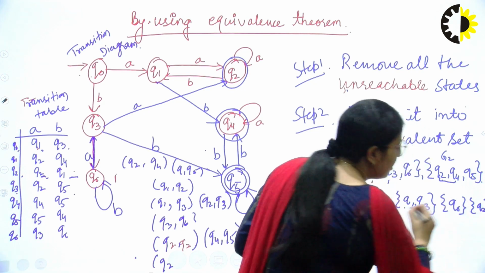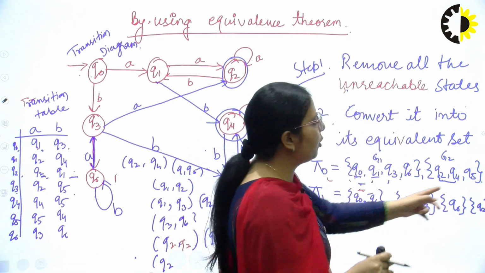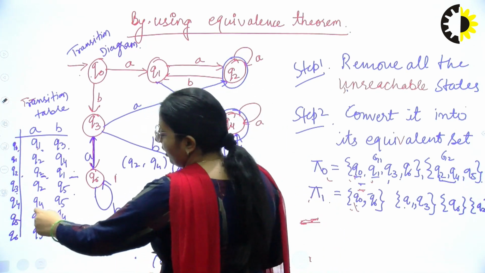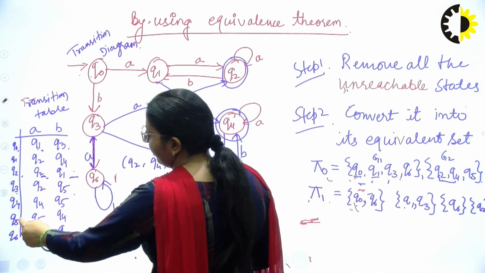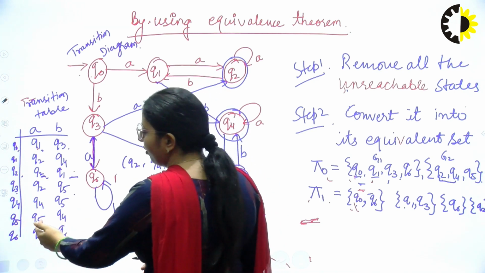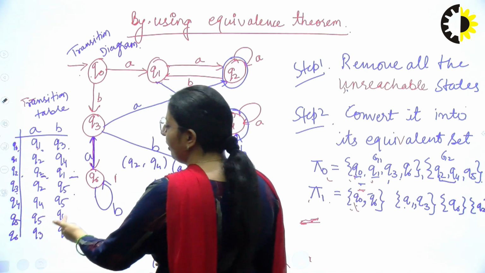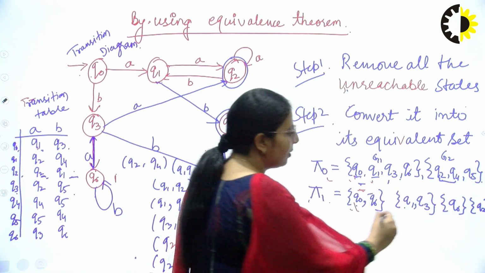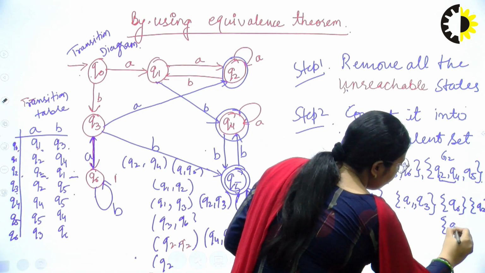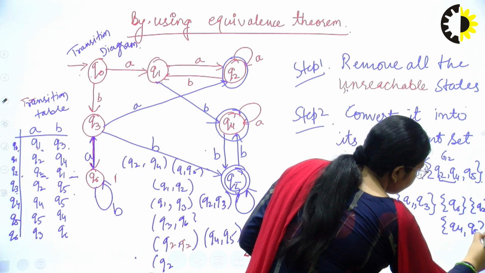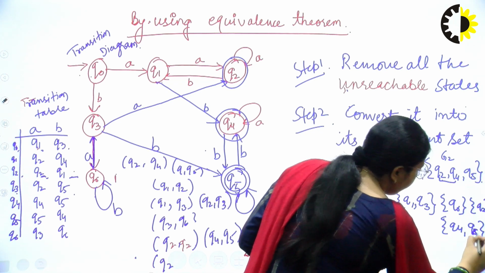So Q2 remains individual. Now we have to check for Q4 and Q5. Q4 on input A goes to Q4 and on B it goes to Q5, and Q5 on A goes to Q5 and on B it goes to Q4. So Q4 and Q5 both lie in the same set, and we can combine them as one state, Q4 and Q5.